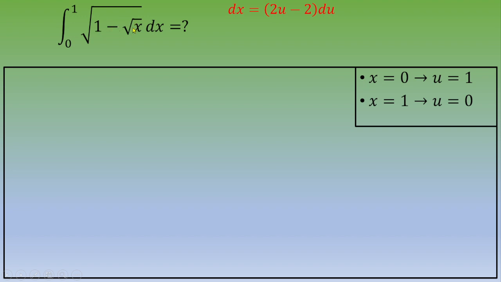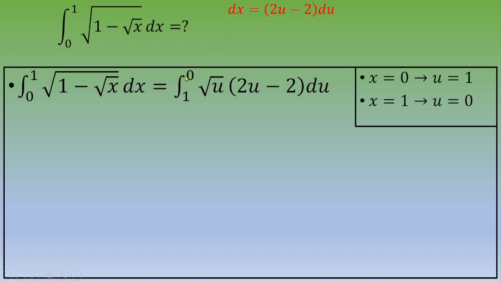This is 1 minus 1, this is 0. So u equals 0. So now we can plug everything in, and to change the integral, this is the integral from 1 to 0 of square root of u times (2u minus 2) du.